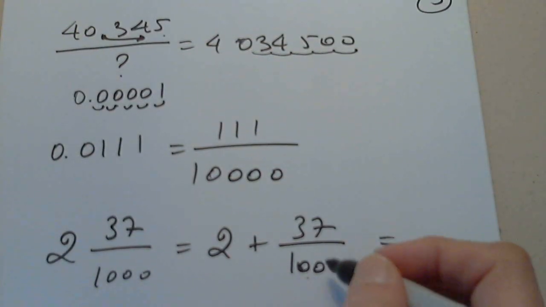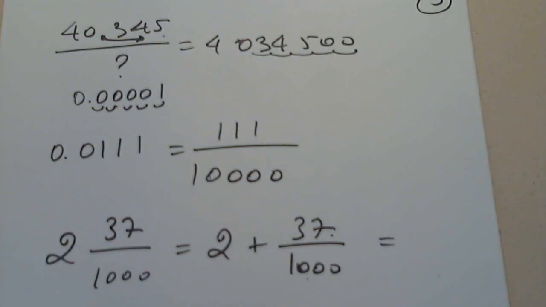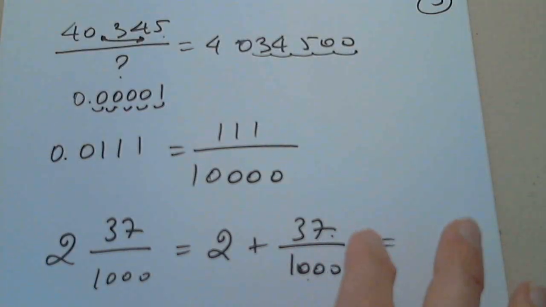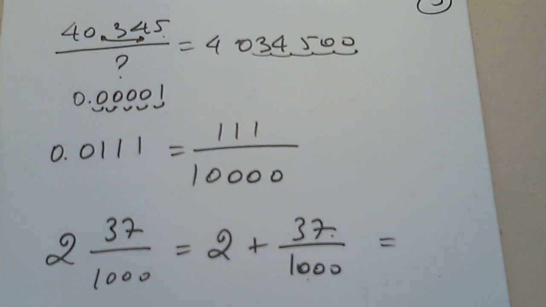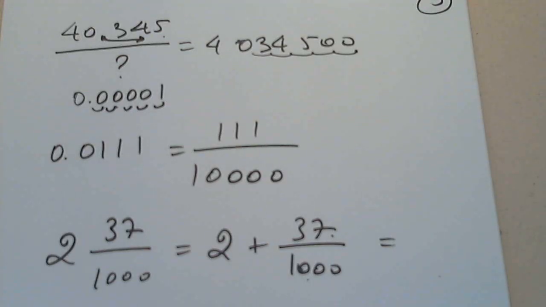And there are 3 zeros. The decimal point is here. 1, 2, 3. 37 over 1,000 is 0.037. Is that okay? Good.